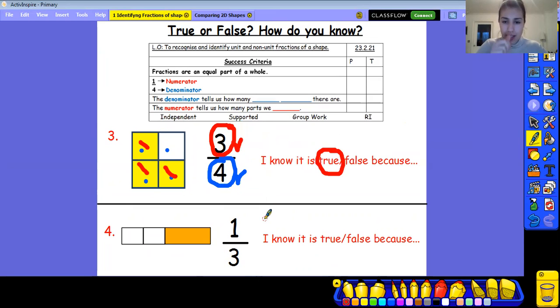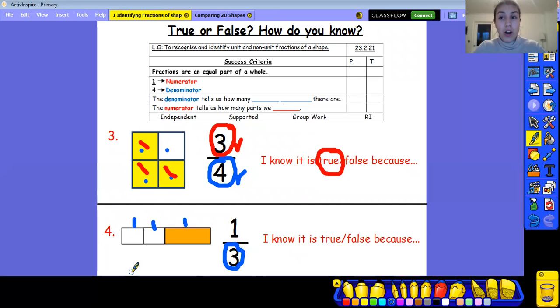Let's have a look at this one then. So let's have a look at my denominator. My denominator tells me how many equal parts there are. Do I have 3 equal parts here?